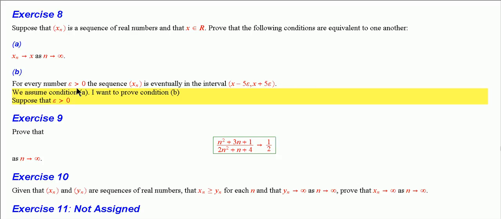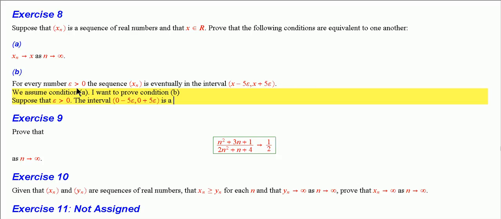Okay? I would like to point out to you the interval that runs from 0 minus 5 epsilon to 0 plus 5 epsilon, that interval, isn't it?